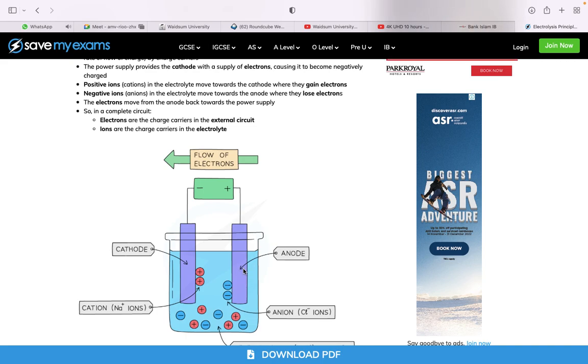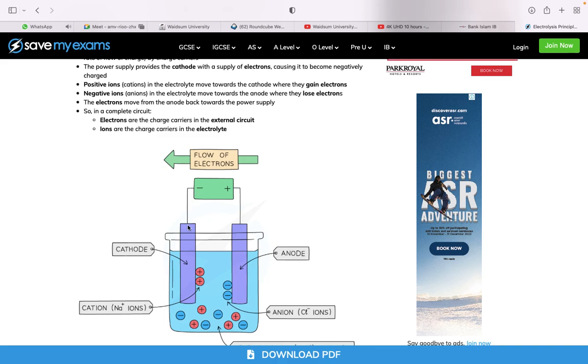Now the electrons move from the anode back towards the power supply. The electrons that the anions lost go into this anode, and this electron will flow back to the battery and then to this side again. It will be a continuous process.